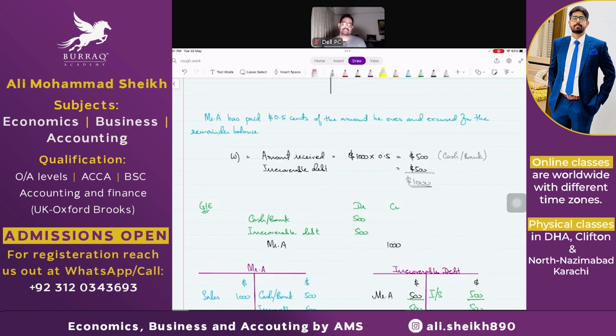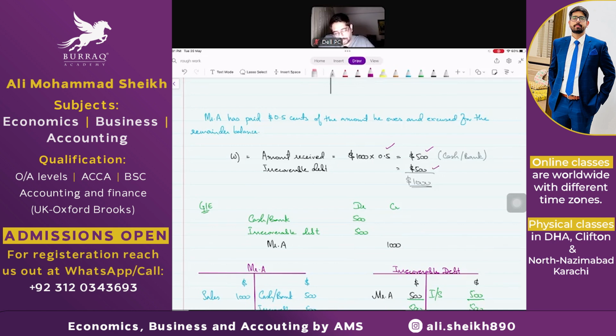The amount he owed was $1,000, so you are going to get $0.5 for each dollar. You will get $500 in the form of either cash or bank, and the remainder of the 1,000 would be charged as an irrecoverable debt. In some questions, they give you this particular adjustment as well. Some of the amount is received and the remainder is irrecoverable debts.